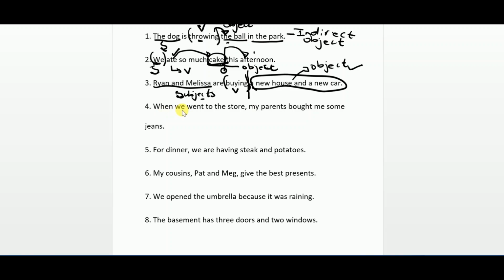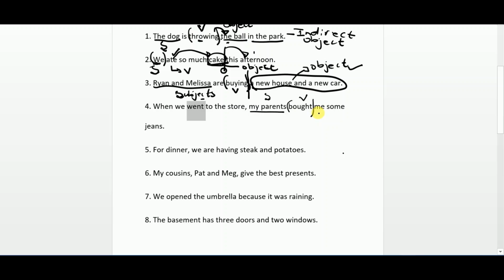So here we are going to look at my parents being the subject of the sentence. The action that they perform was to buy, in past tense, bought. Verb. Remember we pause where the verb is and we ask ourselves, what did they buy?